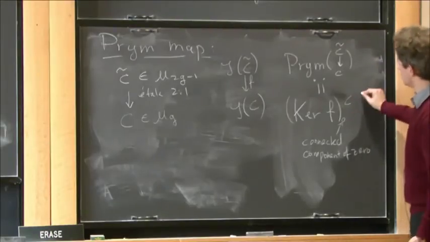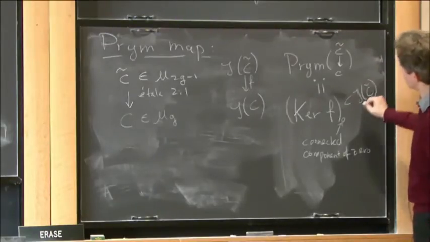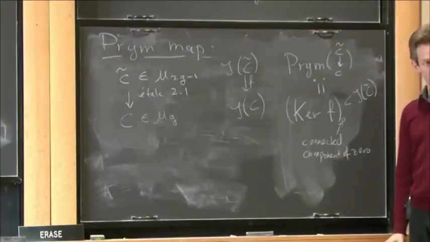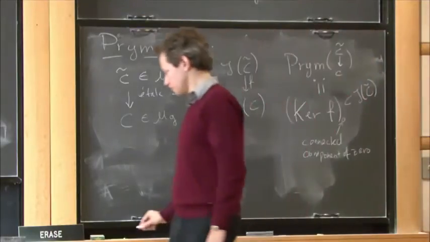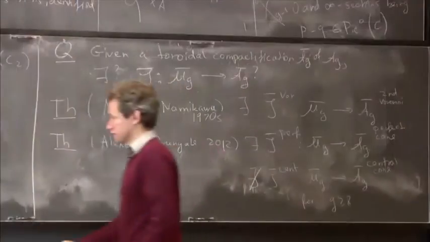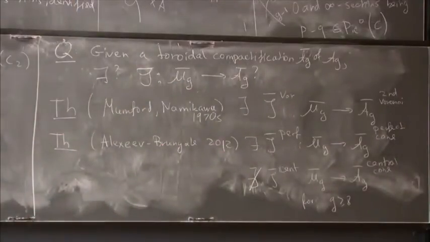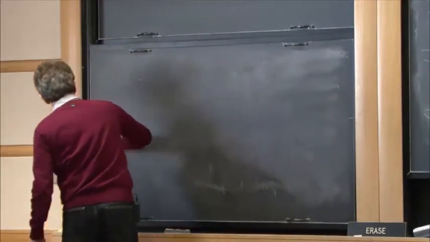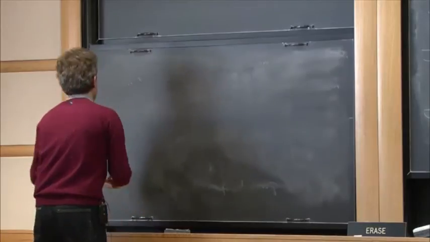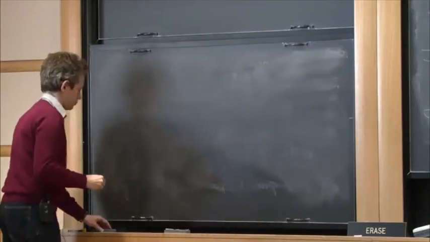And this is, of course, a sub-abelian variety of the Jacobian upstairs. It's a kernel of a map from there. The kernel will actually have 2 connected components, and I'm just picking out one. Okay.